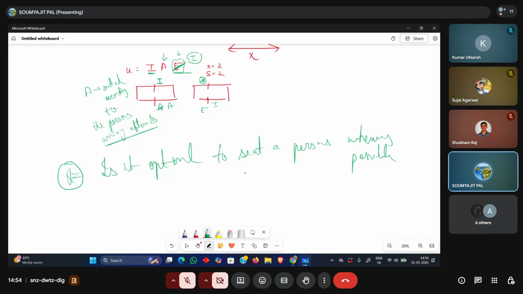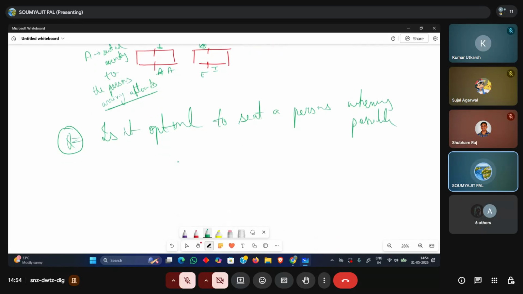Okay, suppose I have two tables. These are all filled. This is a non-empty table. All persons are occupying these seats. And this is empty. And I have two persons left, one ambivert and one introvert.